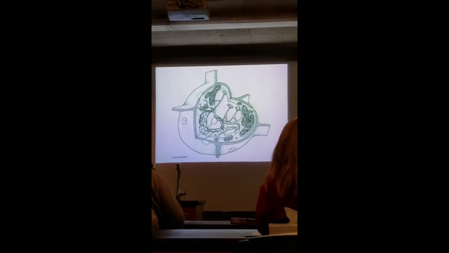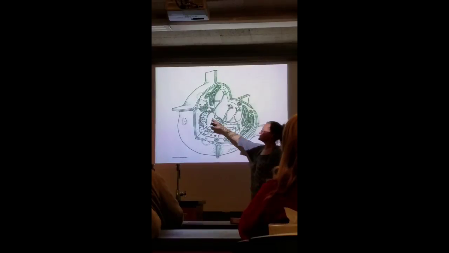The largest organelle is the central vacuole. Usually the most obvious organelle is the nucleus. The membrane outside of the nucleus is called the nuclear envelope, nuclear membrane, either of those is fine.